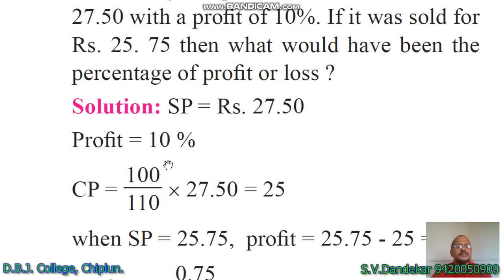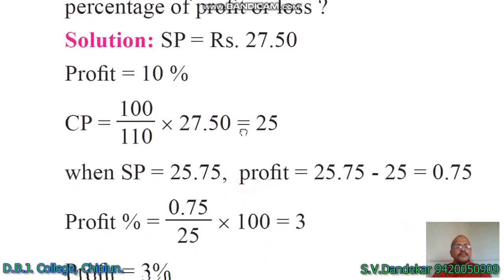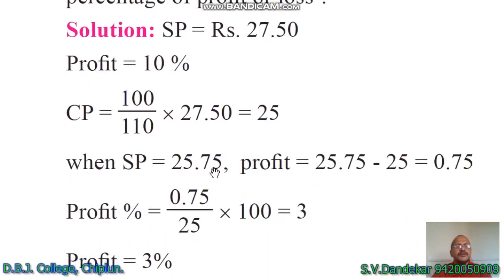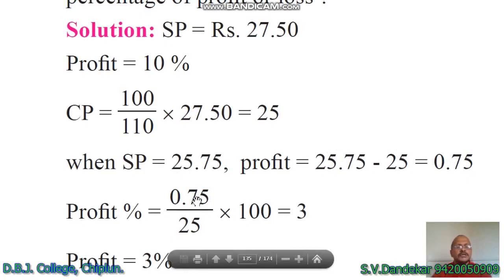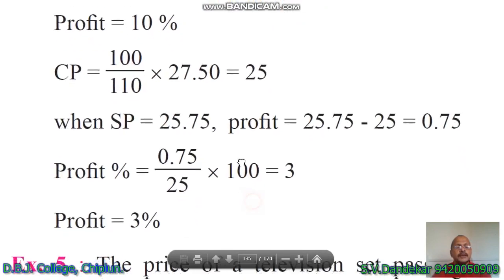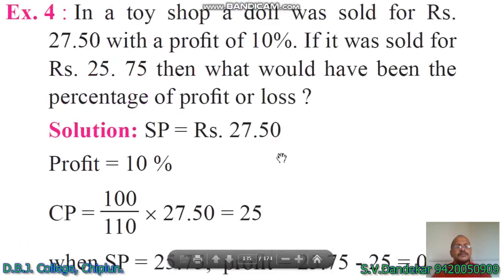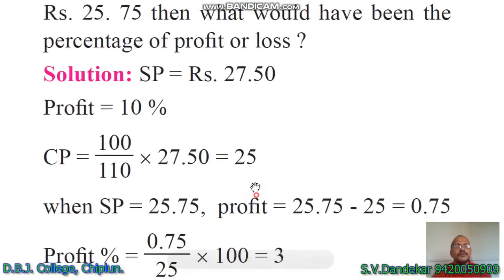So cost price is 100 upon 110 into 27.50, it is equal to 25. Now when selling price is 25.75, profit is equal to selling price minus cost price, equal to 0.75, and therefore profit percentage is equal to 0.75 upon 25 into 100, equal to 3. So this person receives a profit of 3%.